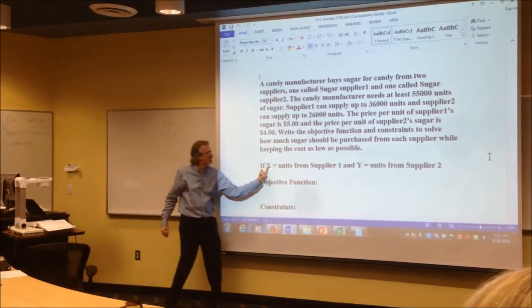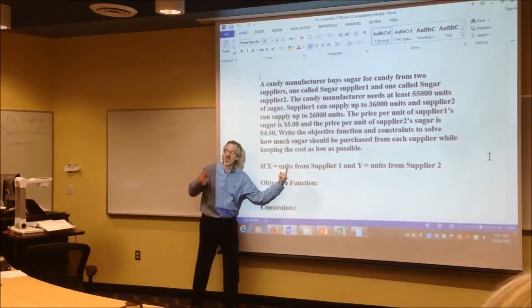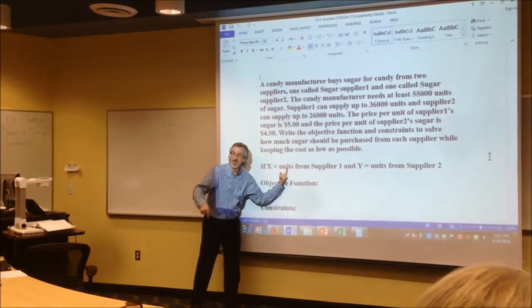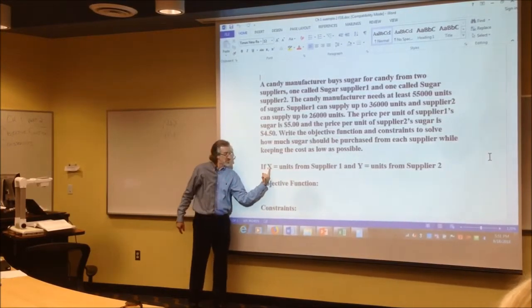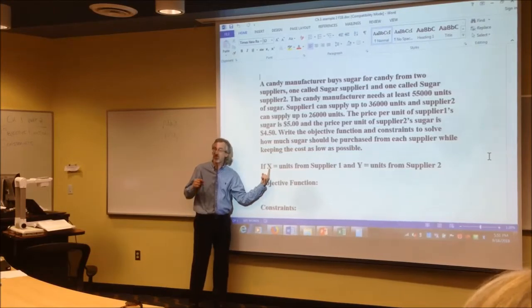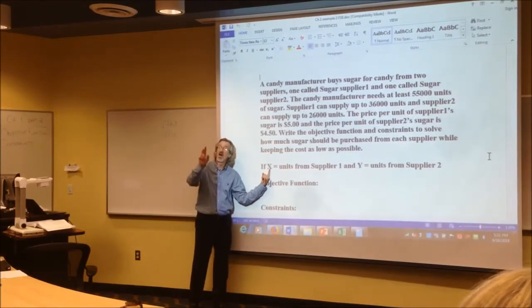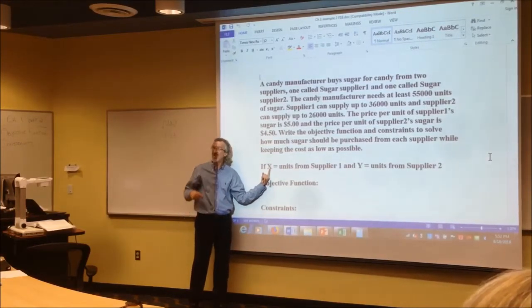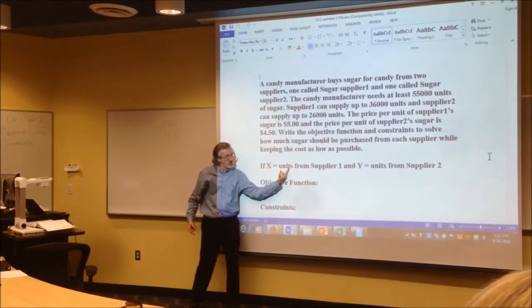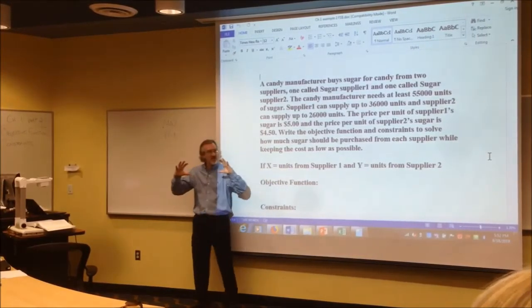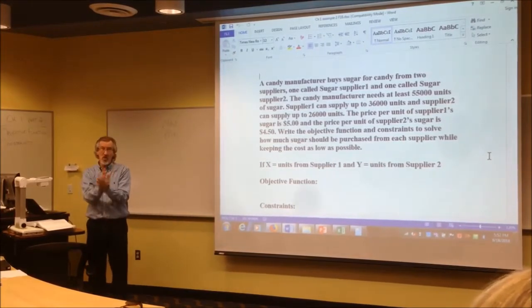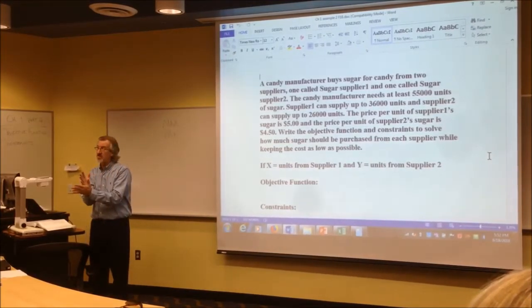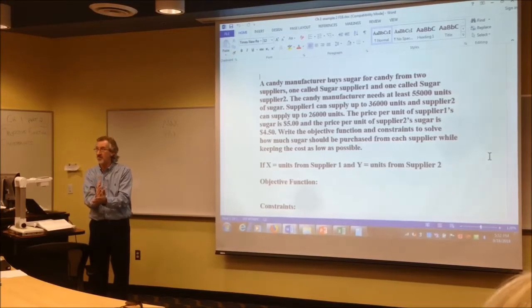Now, I also want you to notice, X is the number of units. If you need to talk about how much you're going to buy from supplier 1, you've got to take this X and multiply it by the price of buying from supplier 1. That's how you turn it into money. If it's given to you in units, but you want to write it out in the form of money, for example, it says, we have no more than $50,000 for this month's supplies from our suppliers.